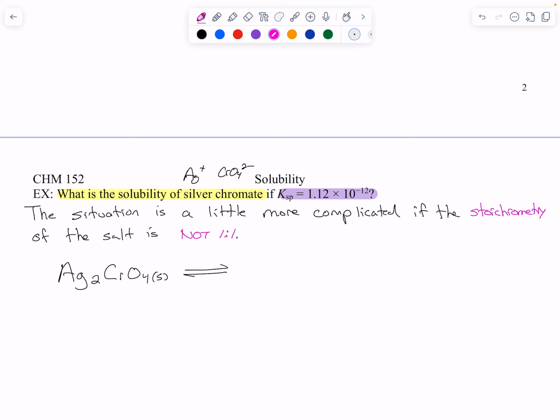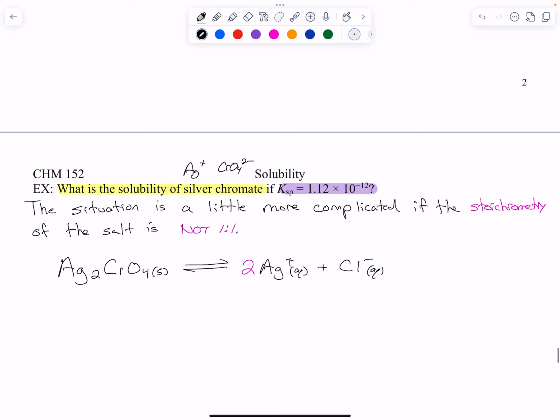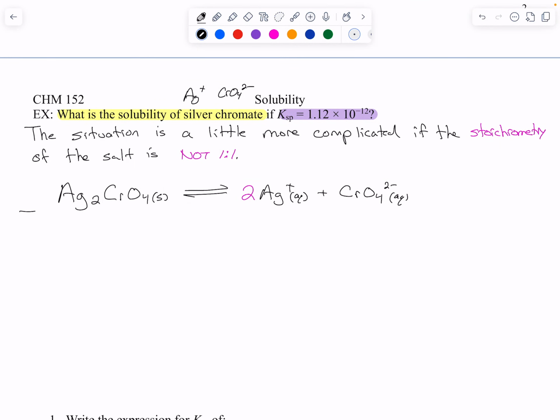And we get 2 silvers plus, not Cl minus, holy cow. Let's go with chromate. Sorry about that. All right, so ice table. All right, again, as long as we have some, we're good.